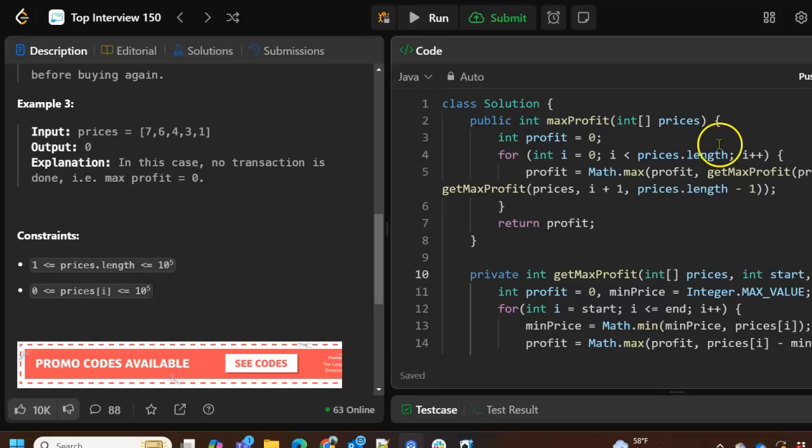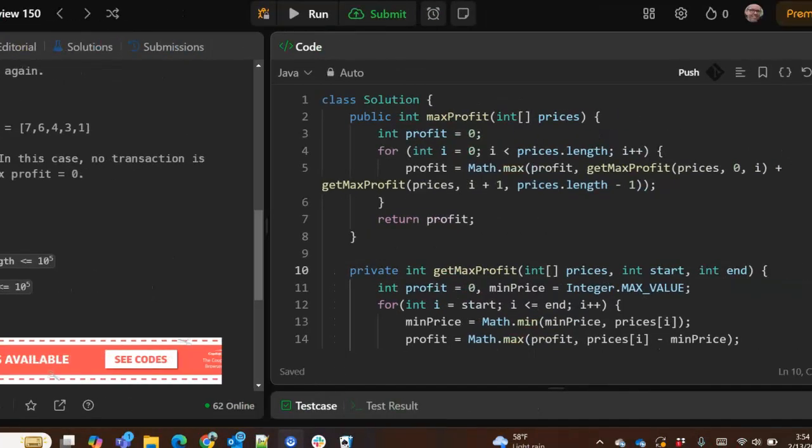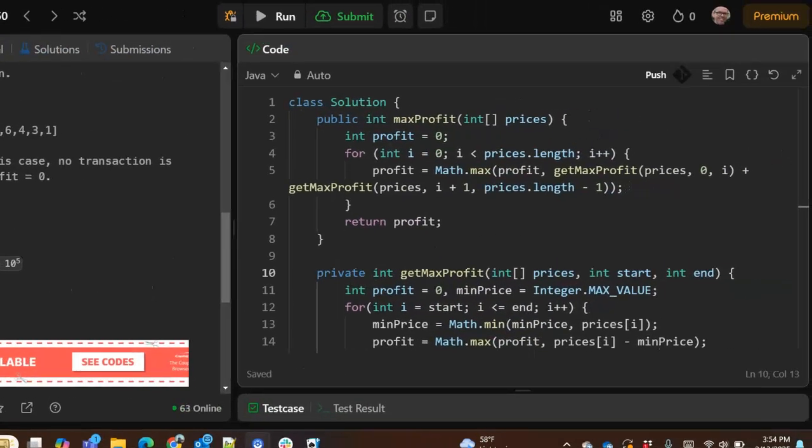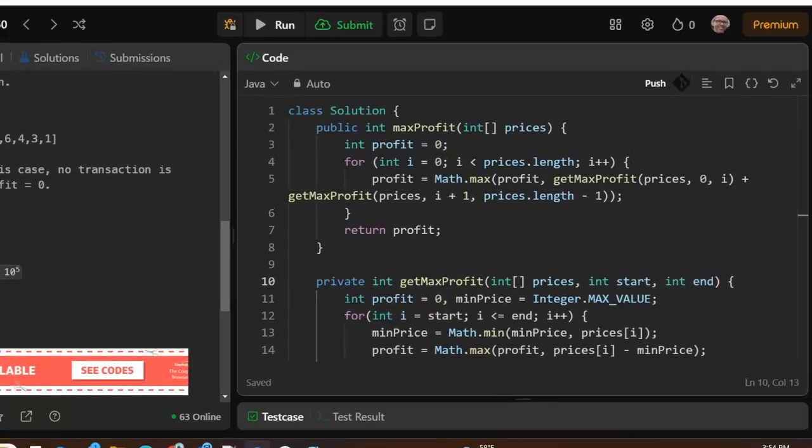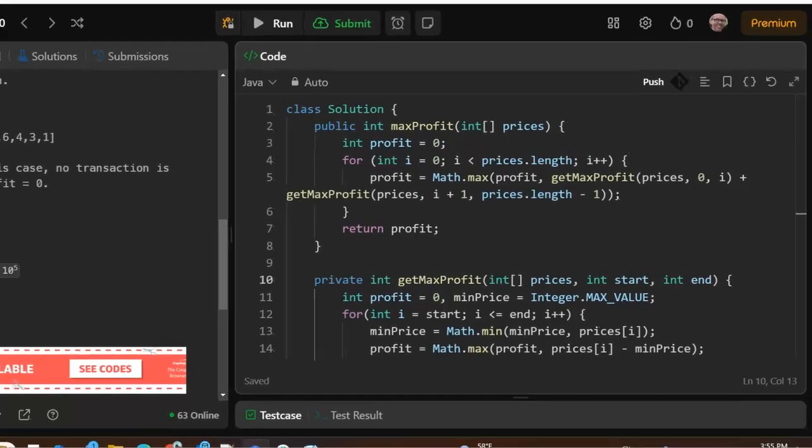All right. So what I wanted to try here was the naive solution. I'm going to initialize the max profit to 0. Initialize the min price to something very high.